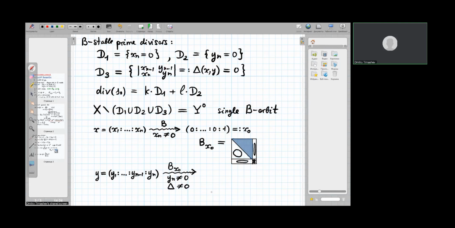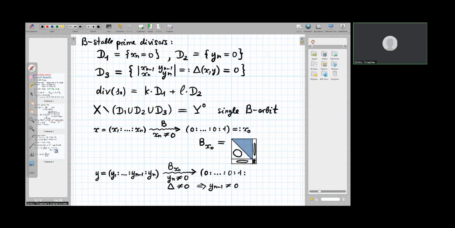So this implies that yn minus 1 is also non-zero. And therefore, we can put the first n minus 1 coordinates to this form. First n minus 2 will become 0, and yn minus 1 will become 1.